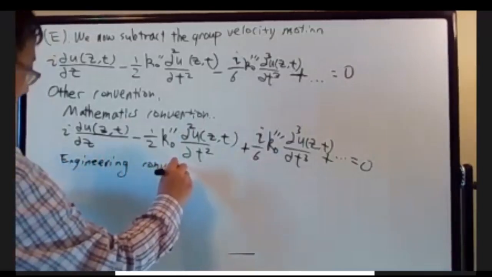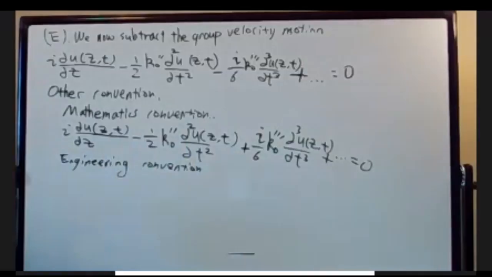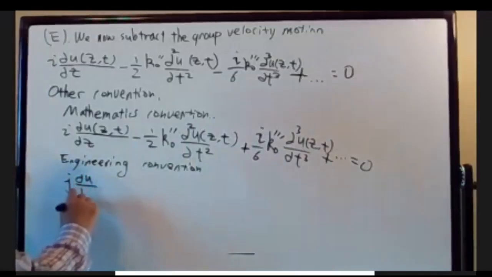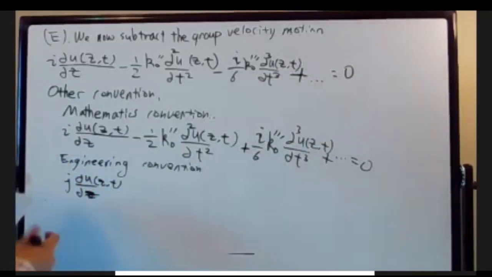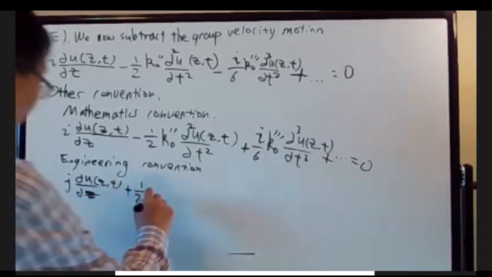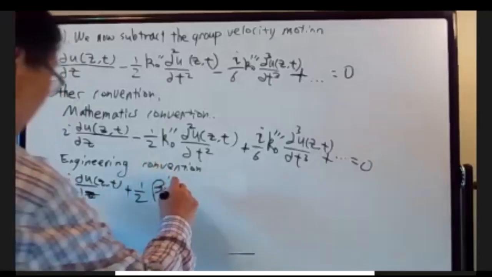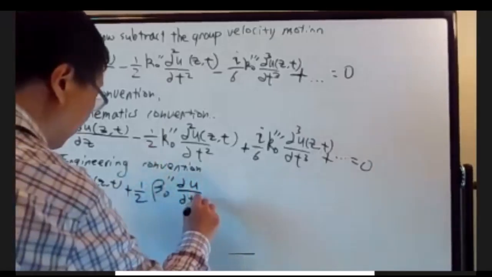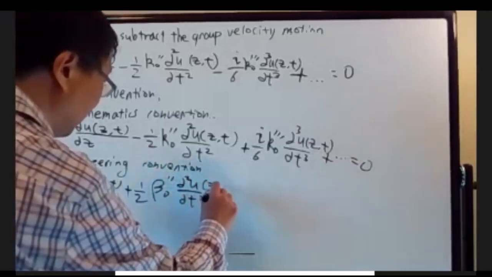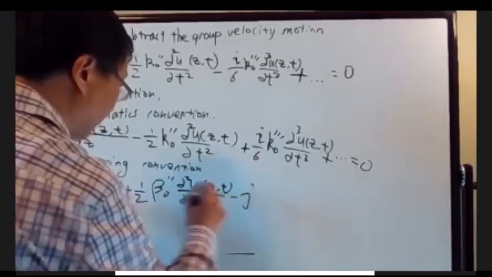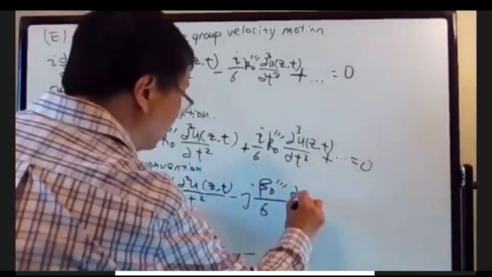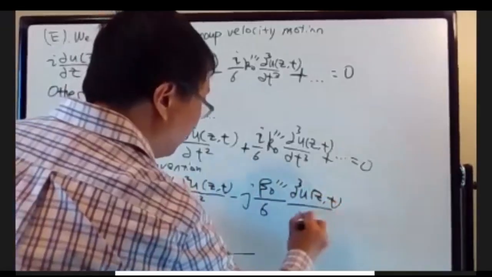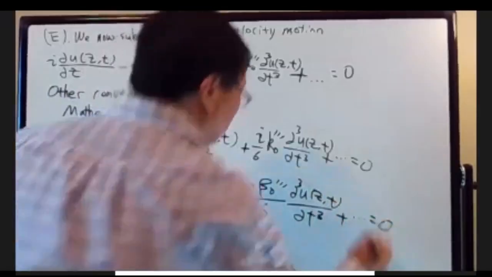In this case, we use J. Engineering uses J, partial u, partial z of z,t, and then we have plus half beta naught double prime partial squared u, bear with me, of z,t minus J beta naught cubed divided by 6 partial cubed u of z,t with respect to t cubed plus all the way down to 0.